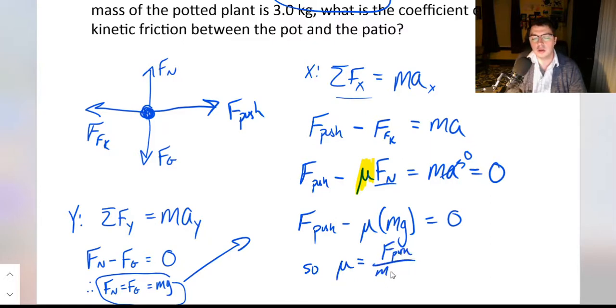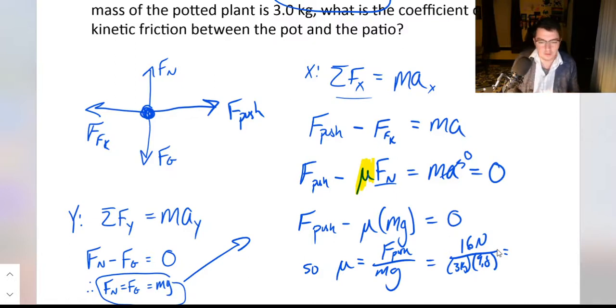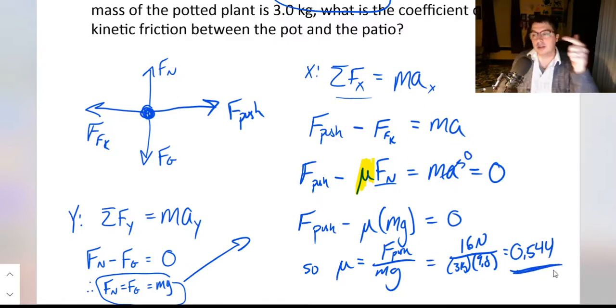Make sure you're following along with what we're doing here. If you need to stop and work some of the algebra yourself, that's fine. 16 newtons over a 3 kilogram mass times 9.8 meters per second squared gives us, sorry for not calculating this ahead of time, 16 newtons divided by 3 times 9.8, being careful with my parentheses, 0.544. So we get a positive value. It's less than 1, a decimal value. Perfect.